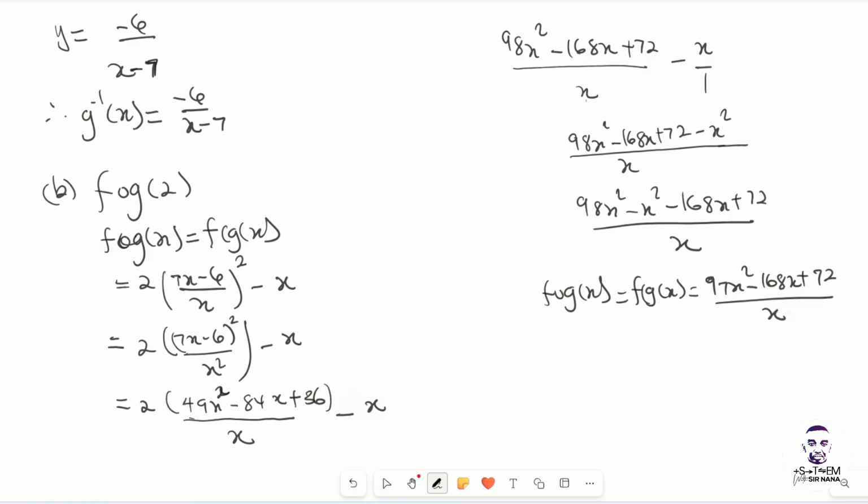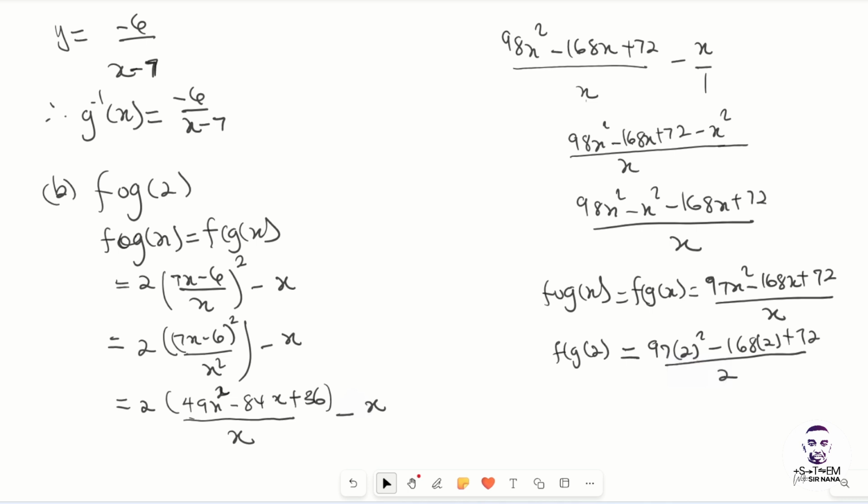Now we substitute 2 in place of x, so f of g of 2 becomes 97 times 2 squared minus 168 times 2 plus 72, all over 2.